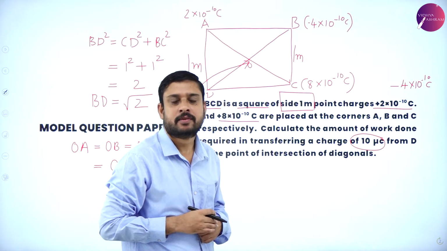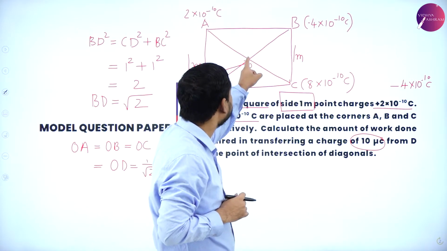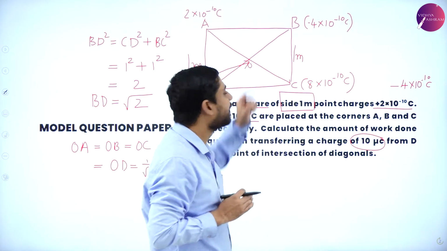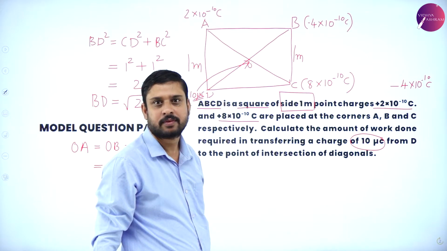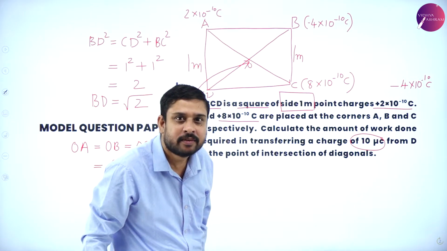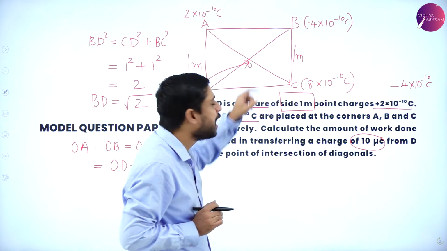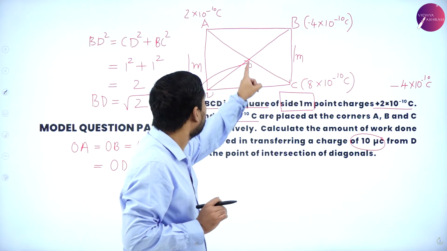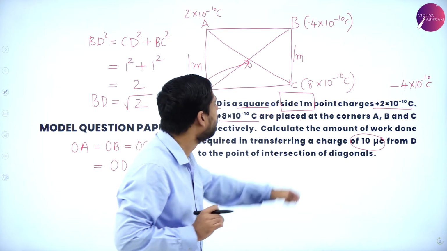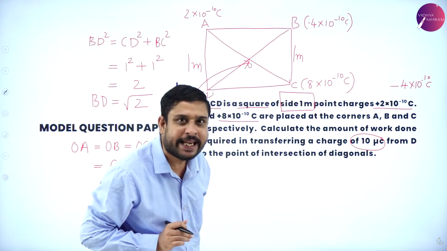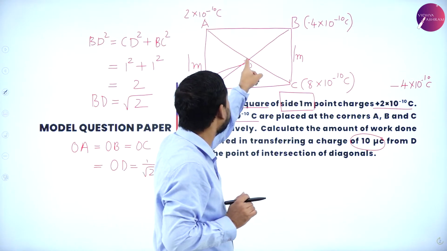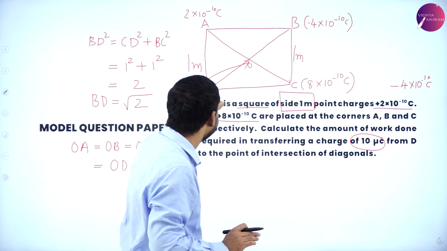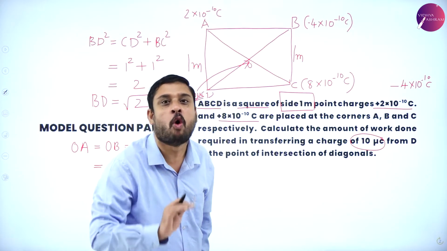To begin with, I will calculate the potential at this point O. How do I calculate? Potential at O due to the charge at A. Potential at O due to the charge at B. Potential at O due to the charge at C. Do I consider the charge at D? No. Why?